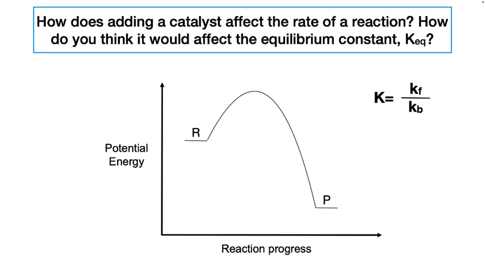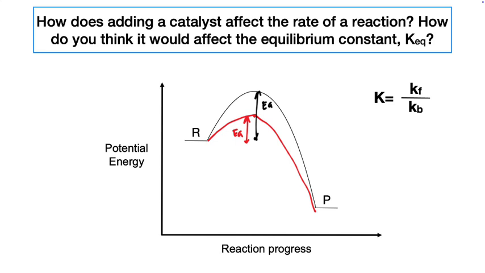Okay. So if I add a catalyst, all that's changed is the activation energy is now lowered. Should this affect K? If I look at K, rate constant forward, shouldn't my rate constant forward be significantly larger if I'm catalyzed?